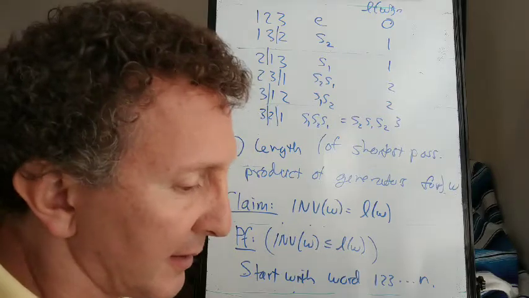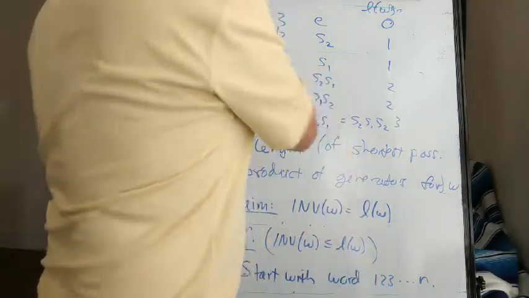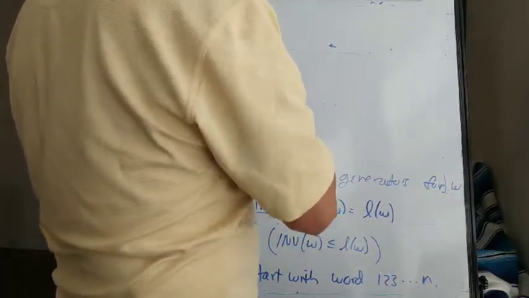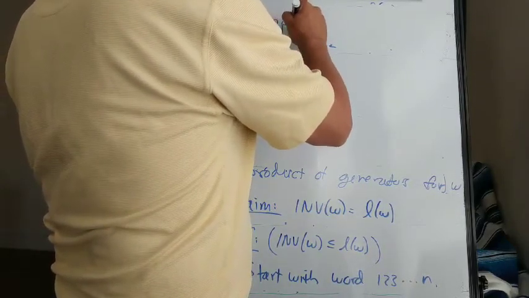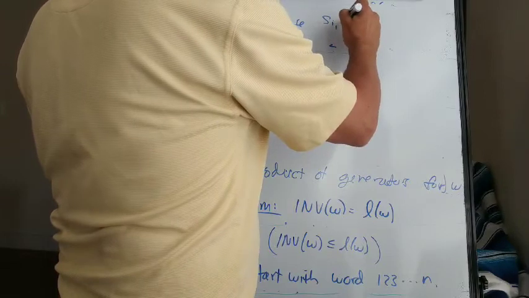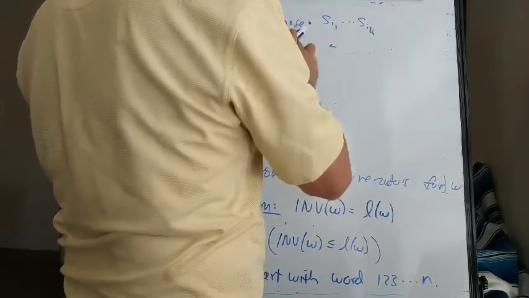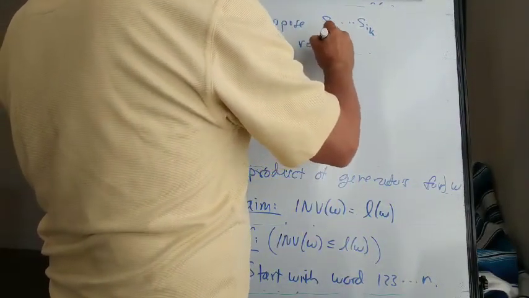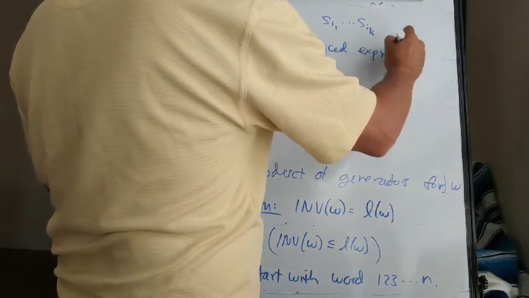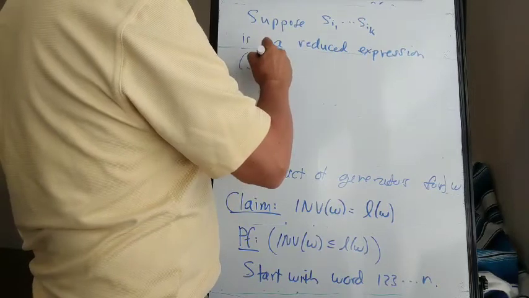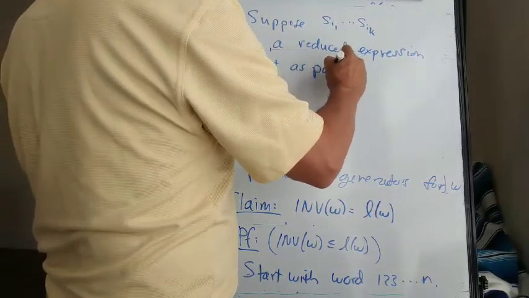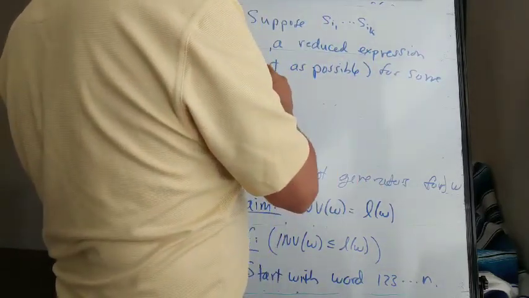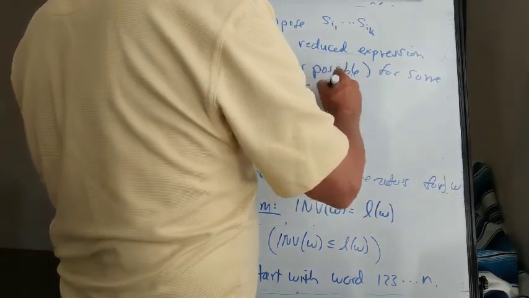And let's suppose that S_i1 through S_ik is a reduced expression, and by reduced I mean shortest possible, for some permutation W1 through Wn belonging to the nth symmetric group.